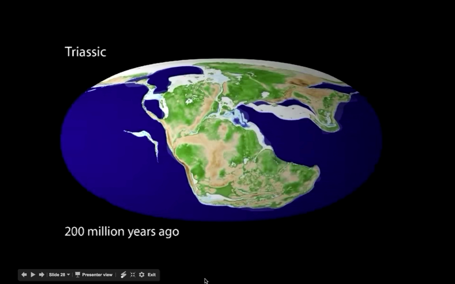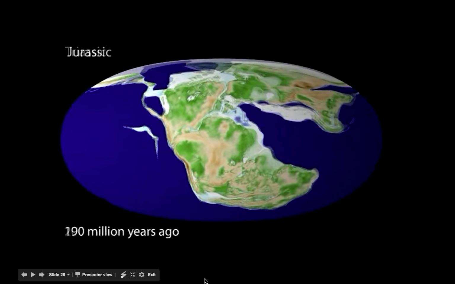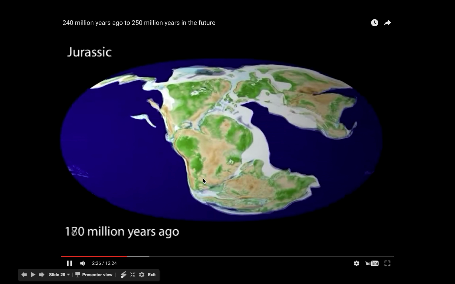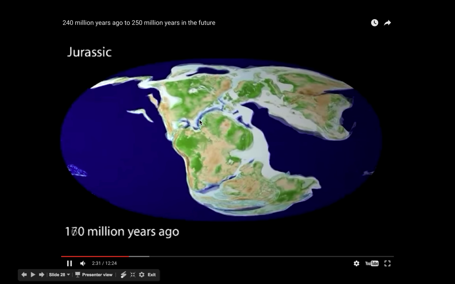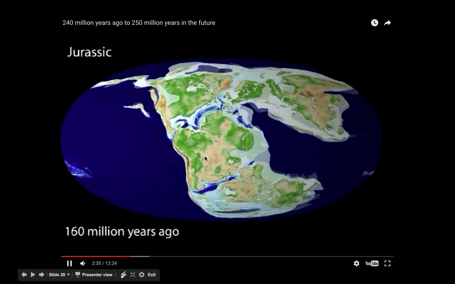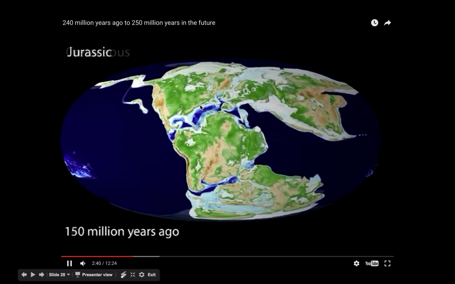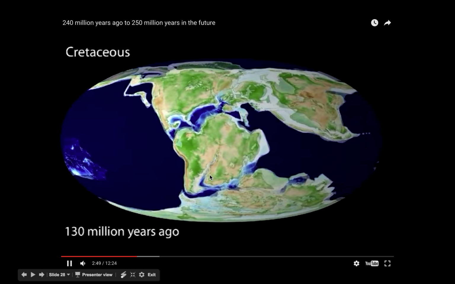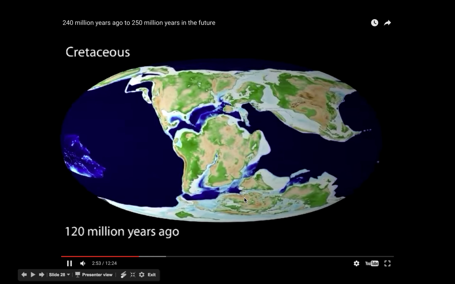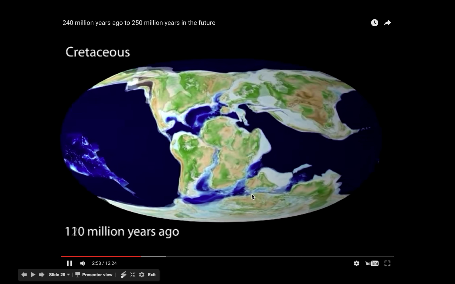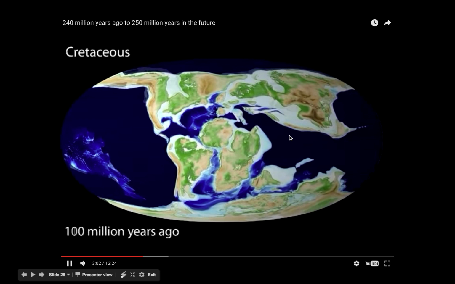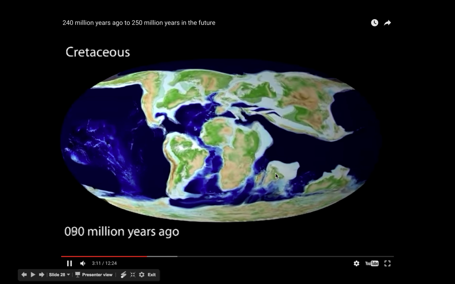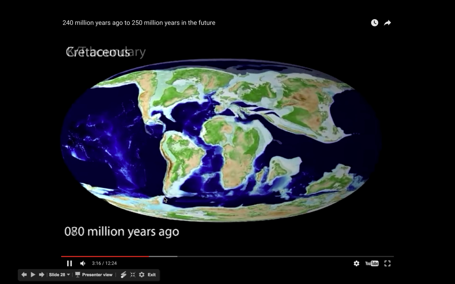Okay, now we're going to start going forward in time. So we've got Pangea, and then we're starting to break apart. North America and South America are going to break apart from Africa and Europe, and you've got Antarctica moving towards the pole, and you've got India moving in for its collision with Asia.